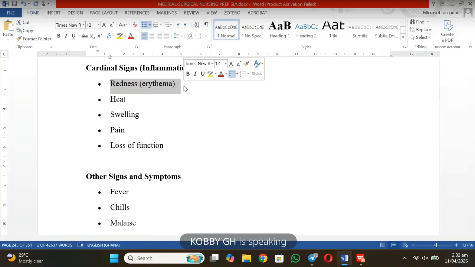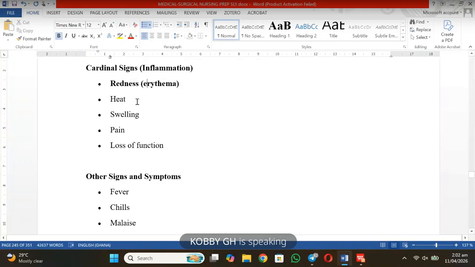Then pain and also loss of function. If a patient experiences cellulitis, especially on the legs, the patient usually loses function of the affected part.